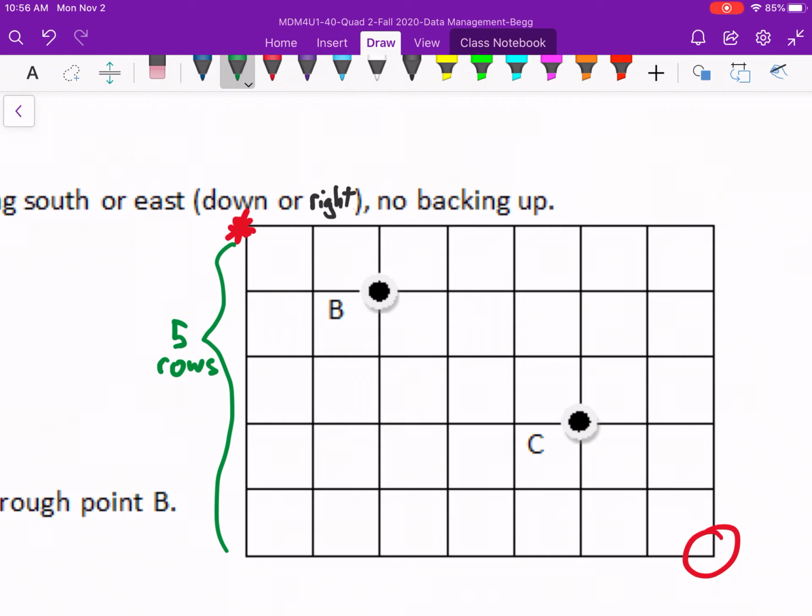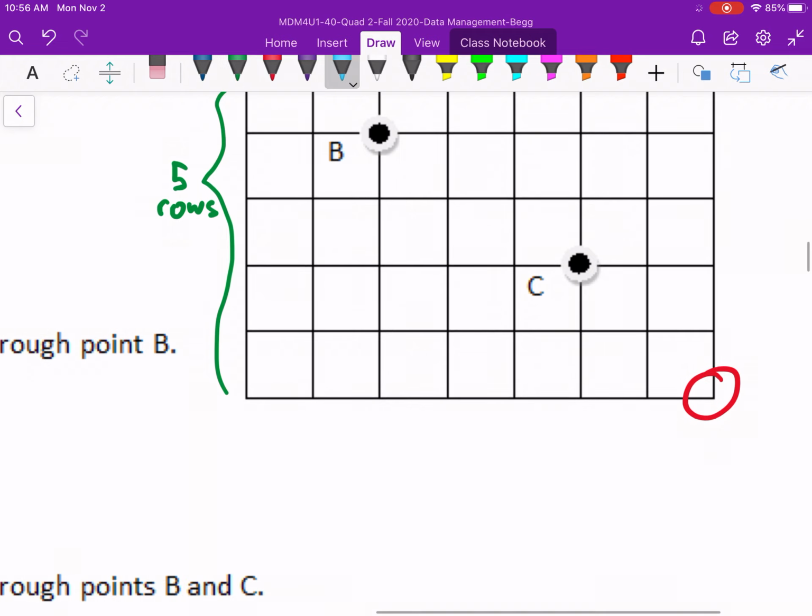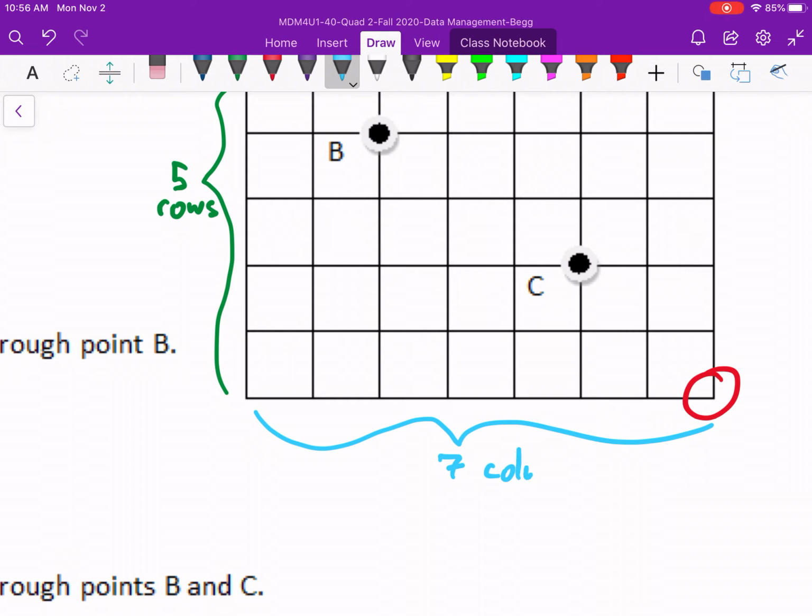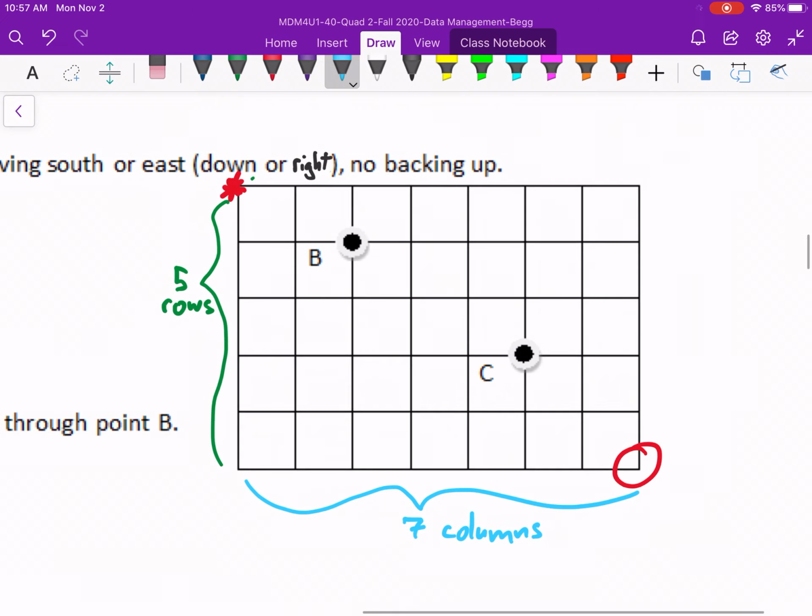And let's use a different color: 1, 2, 3, 4, 5, 6, 7 columns to the right that we have to travel. We can call them blocks if we want to, because that's what the question was talking about. Imagine, this is supposed to be a grid, like a blocked out city like New York, where everything's nice and square for the most part.